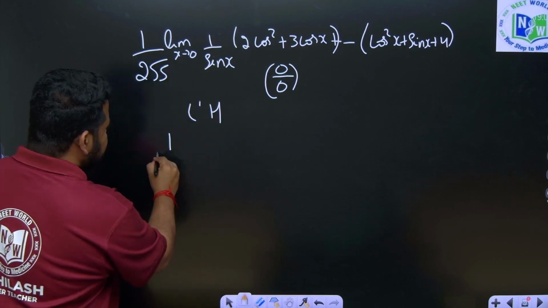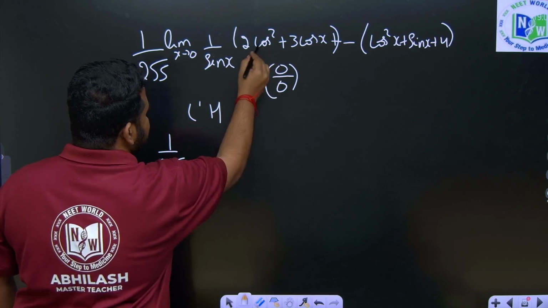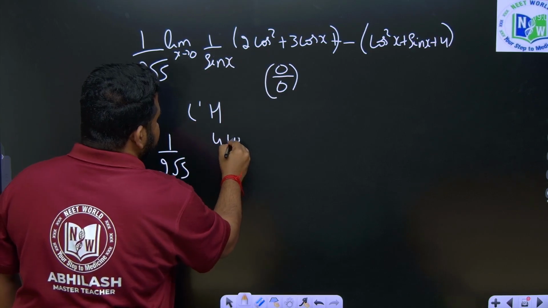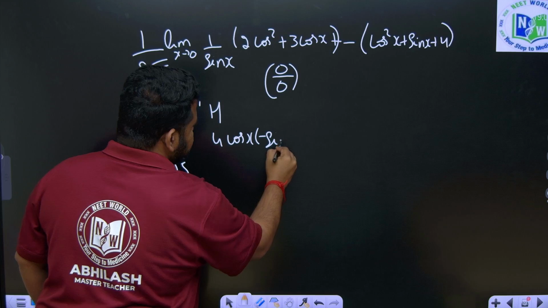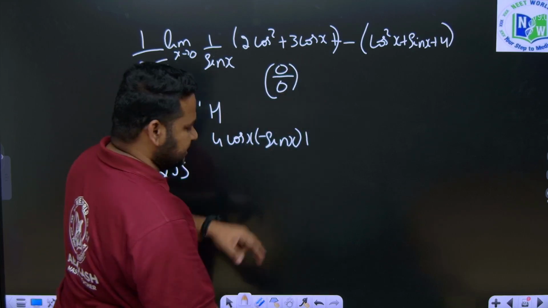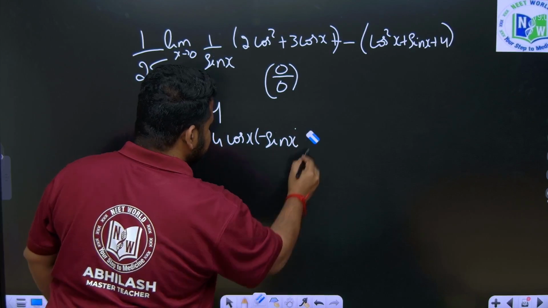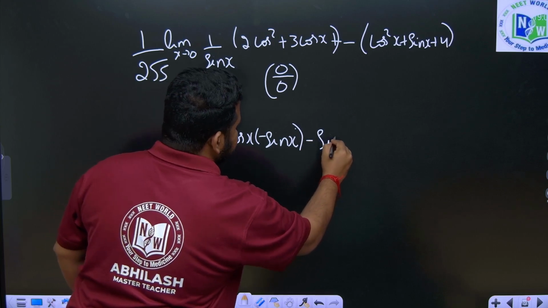So this will become what, friends, 1 by 2 root 5 into, if I differentiate this, 2 2s are 4 cos x, and derivative of cos is minus sin x, plus here 3 cos x is there. If I differentiate that, I'll get minus 3 sin x.